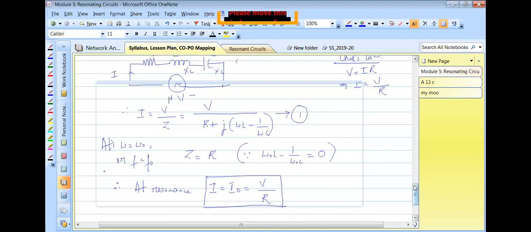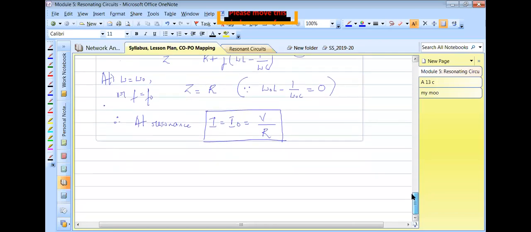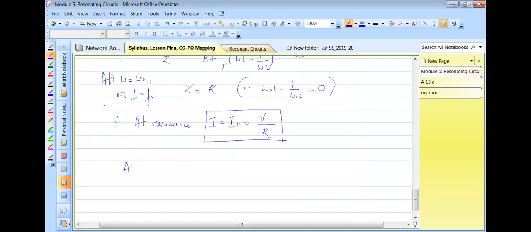Fine, before we move on to the next one, we shall again summarize saying that at resonance, first thing is XL is equal to XC.